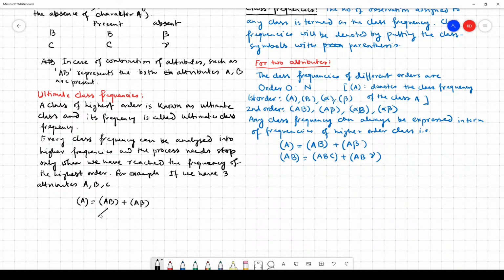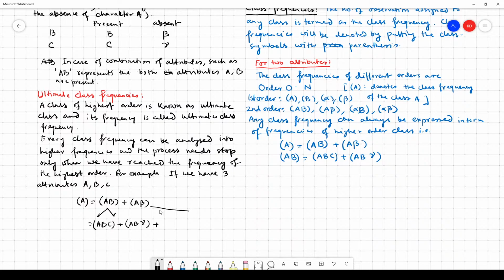Now I break this into two parts, because we have three attributes: all three present, A, B present but C absent.